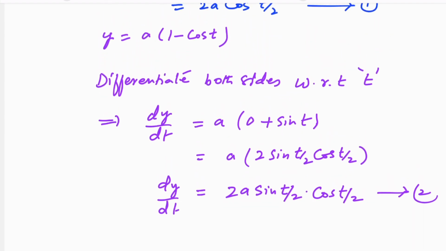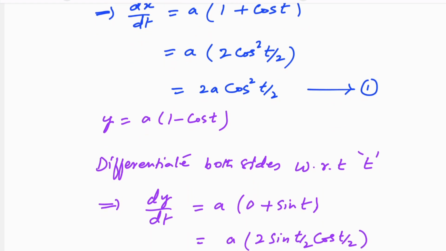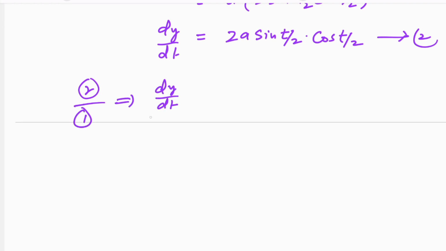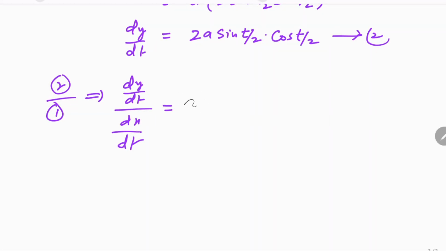Now in order to get dy/dx we shall divide equation 2 by equation 1. So dy/dt in the numerator and dx/dt in the denominator.